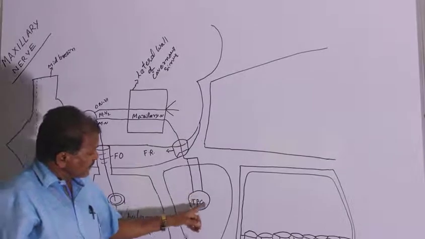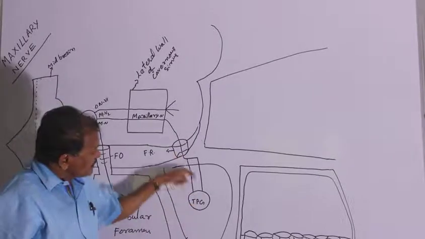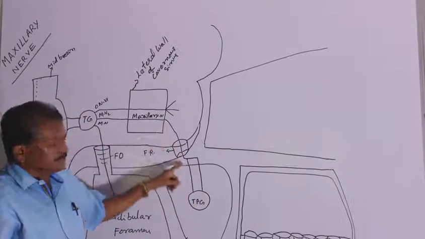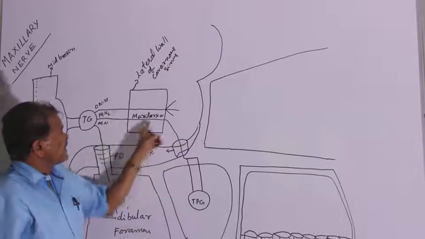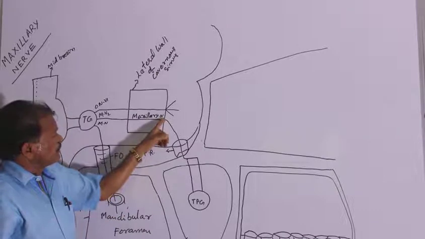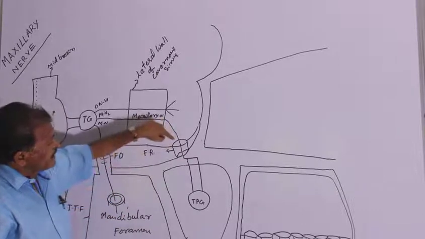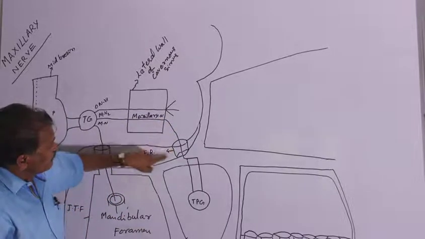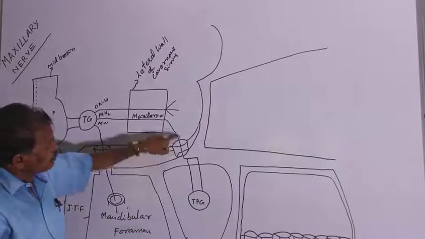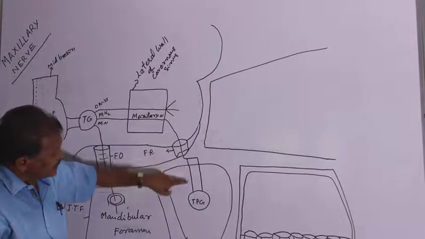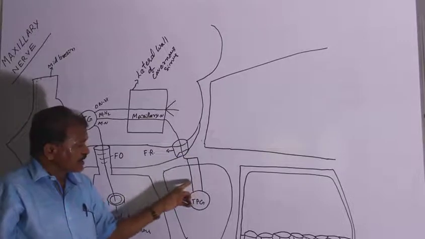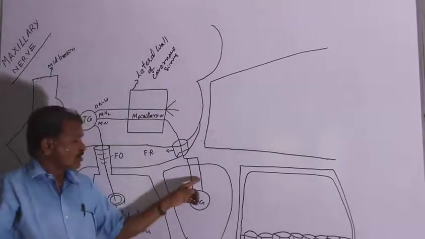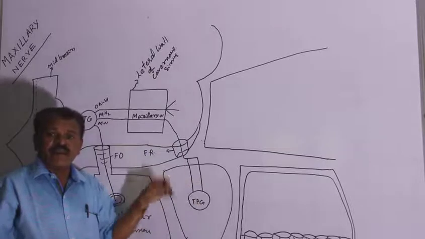The sensory input to this ganglion is from the maxillary nerve. The maxillary nerve leaves the middle cranial fossa and through the foramen rotundum enters the pterygopalatine fossa, and there it gives two branches called the ganglionic branches.